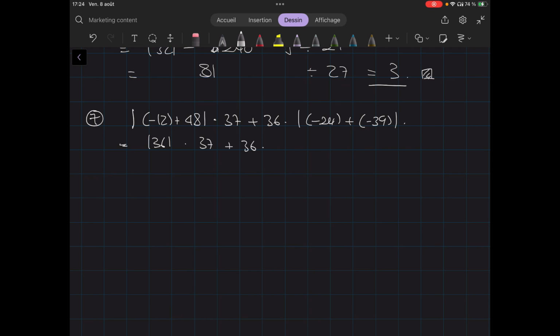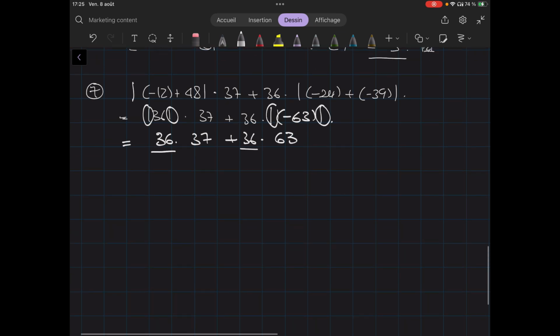Negative 24 plus negative 39, that would be negative 63. Absolute value of a negative number will return the positive value. We can now factor the 36 out. And we're at 3600.